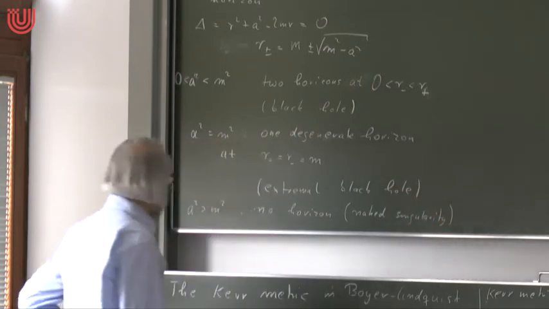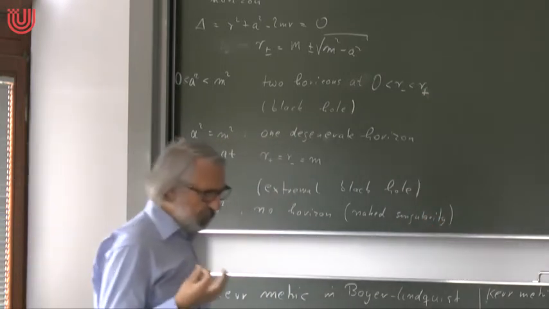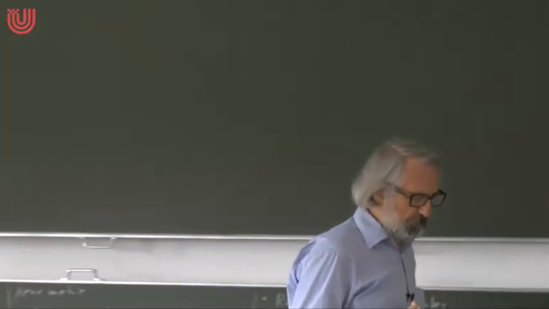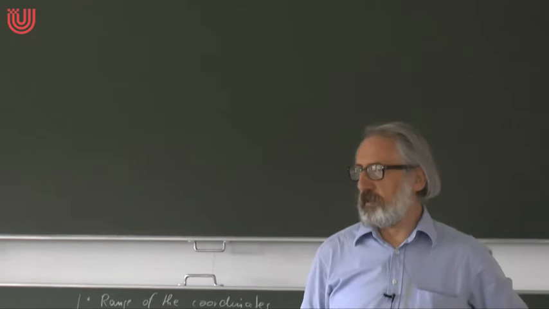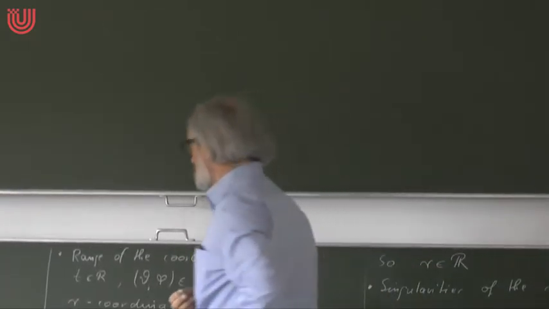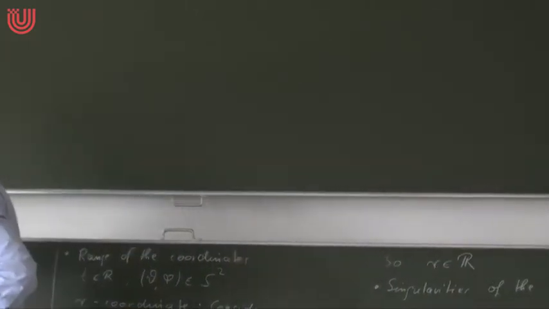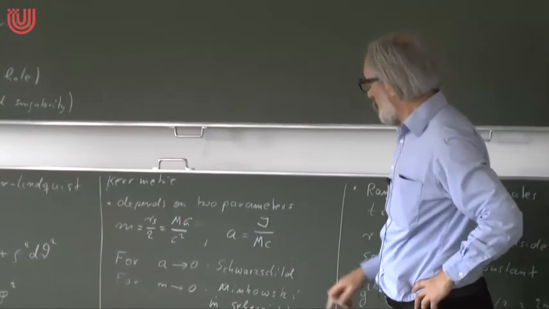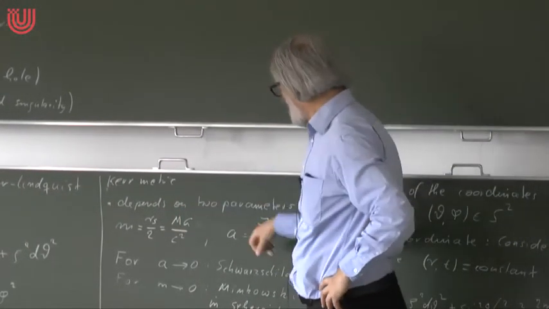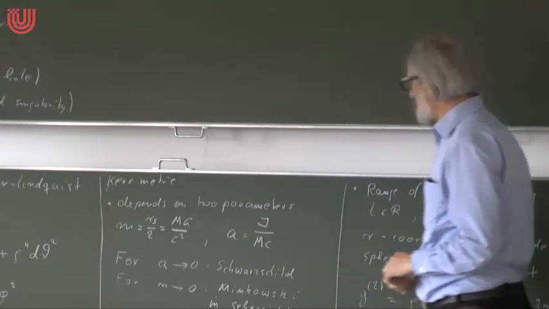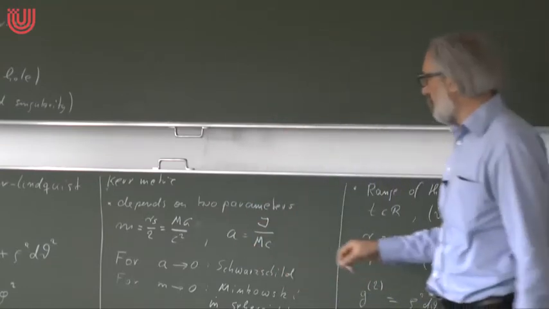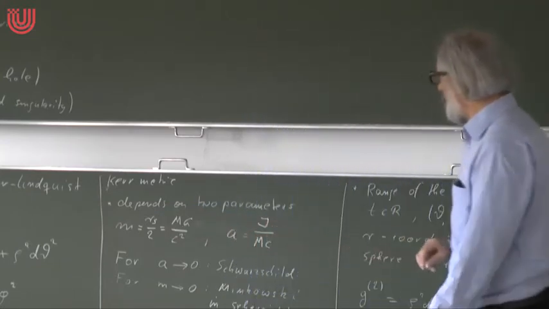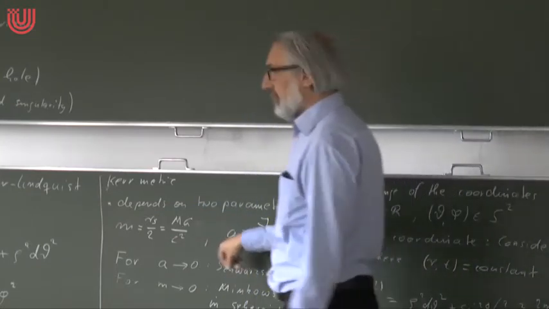So if an object rotates very quickly, it will not collapse to a black hole, it will collapse to a naked singularity. Actually, I've given you the m and the a in terms of the mass and the angular momentum. If you insert numbers for some celestial objects, for the Earth, for instance, the mass and the angular momentum of the Earth, you find that a is considerably bigger than m.